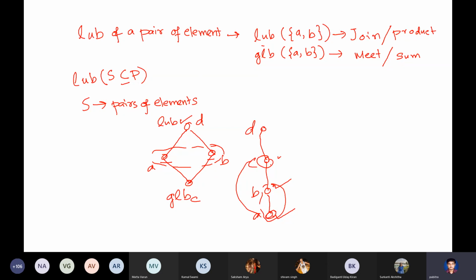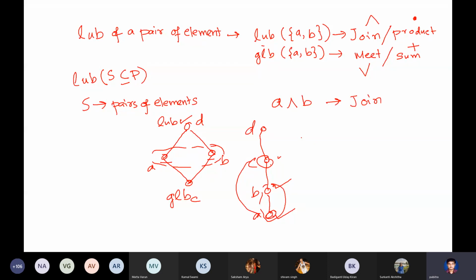So this is denoted by this symbol, and this is denoted by this symbol, or product as this symbol, and sum as this symbol. So instead of LUB and so on, I would write this as the join, and this as the meet.